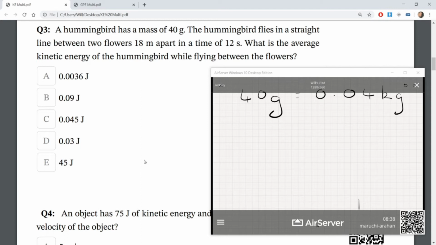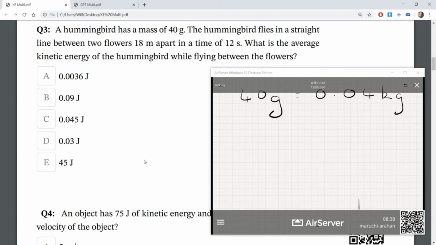A hummingbird flies in a straight line between two flowers 18 meters apart in a time of 12 seconds. Now we're doing kinetic energy here, and it's asking us to find the kinetic energy. We never use meters or seconds in the kinetic energy equation. It's mass and velocity. But we don't have a velocity in the question. You need to think, okay, how can I figure out a velocity?